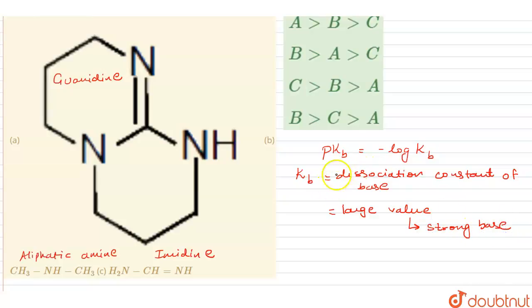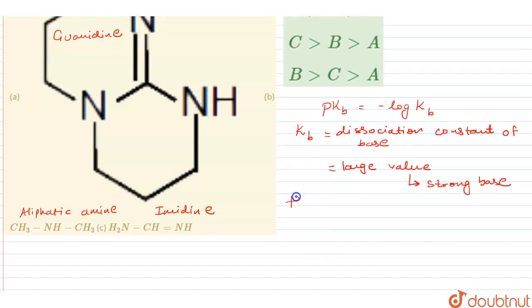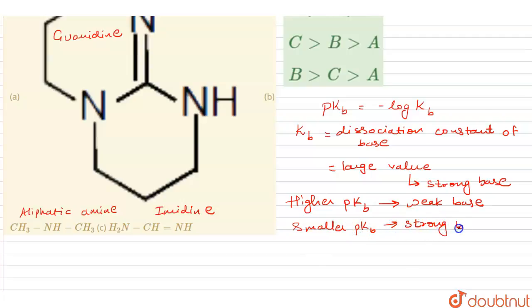Now since pKb is the negative logarithm of Kb, definitely it means that a higher pKb will always indicate a weak base, and vice versa. That means a smaller or lower pKb value will indicate a strong base.